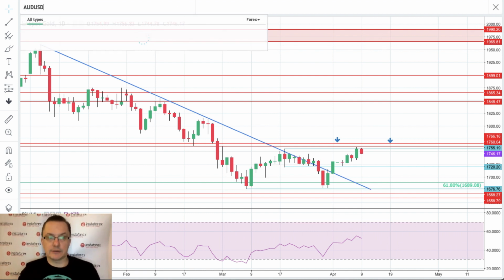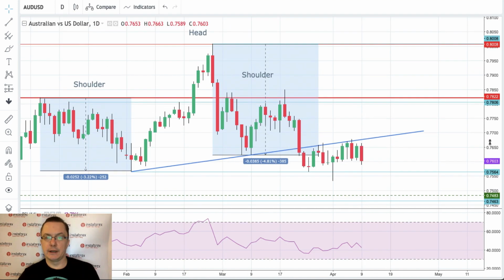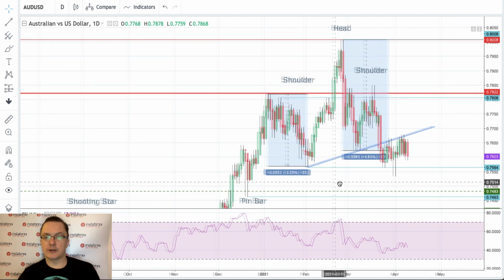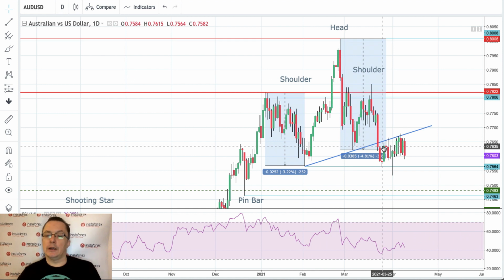Let's take a look at the Australian dollar as well, because we have a very interesting situation here too. What do we have? A head and shoulders pattern is still being played out. As you can see, since the lows of the 25th of March, bulls are unable to break above the trend line.